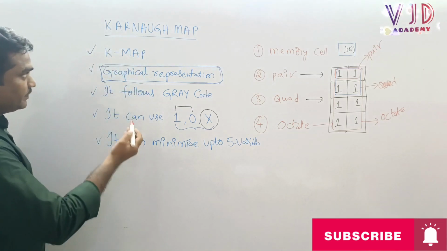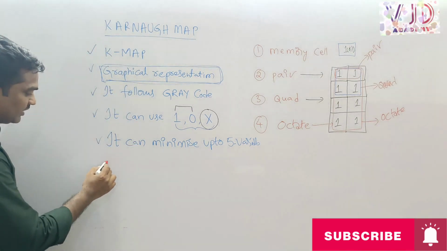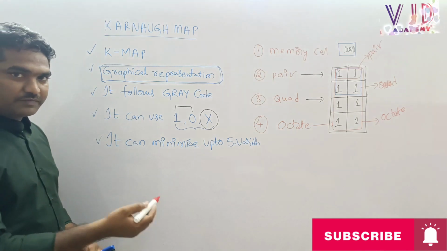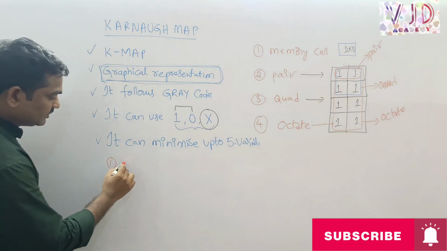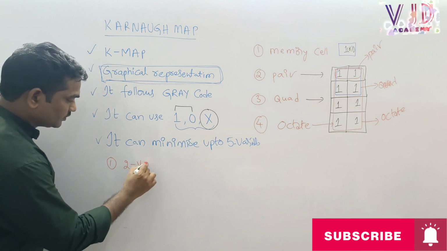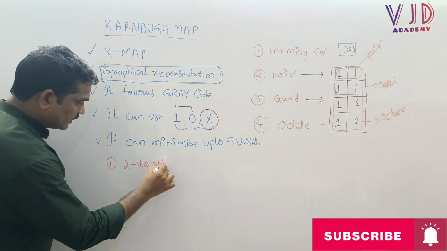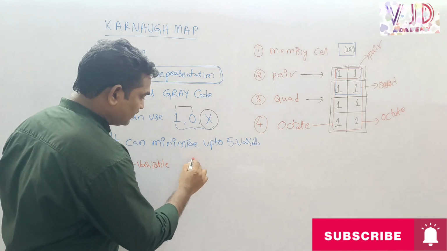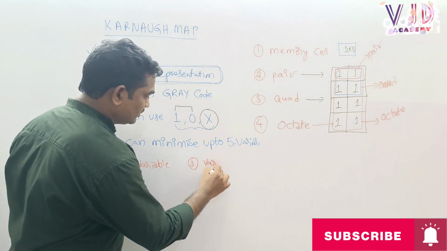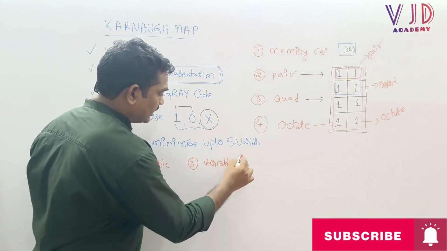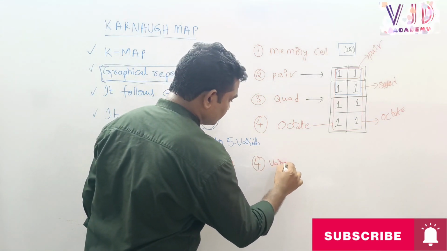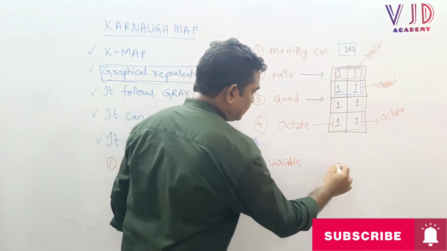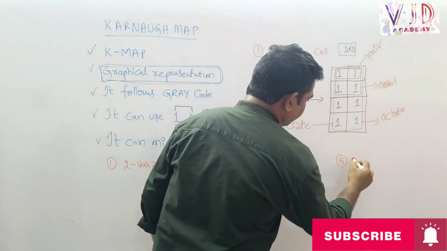Sir, here basically K-map can be available in 3 forms or 4 forms. Let me tell. The first thing, it can be available with 2 variables, and then with 3 variables, and also with 4 variables, and also with 5 variables.